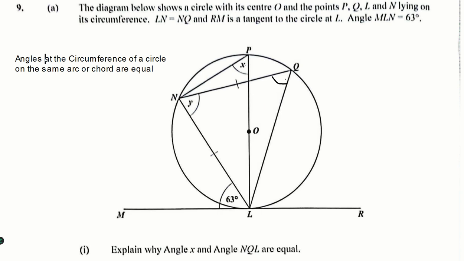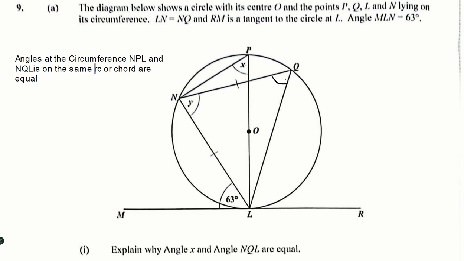So you say angles at the circumference NPL and NQL of a circle are on the same arc.